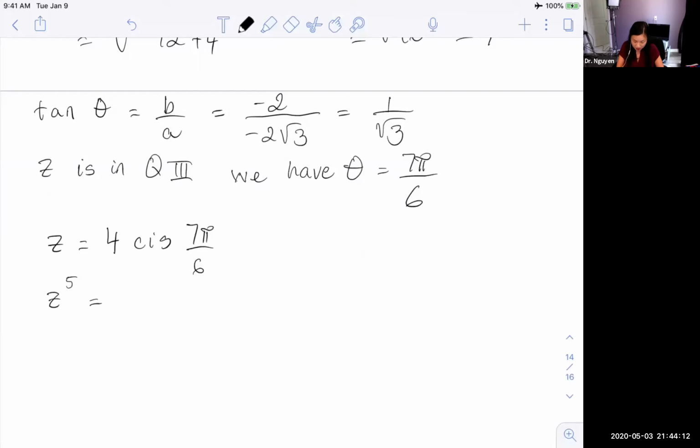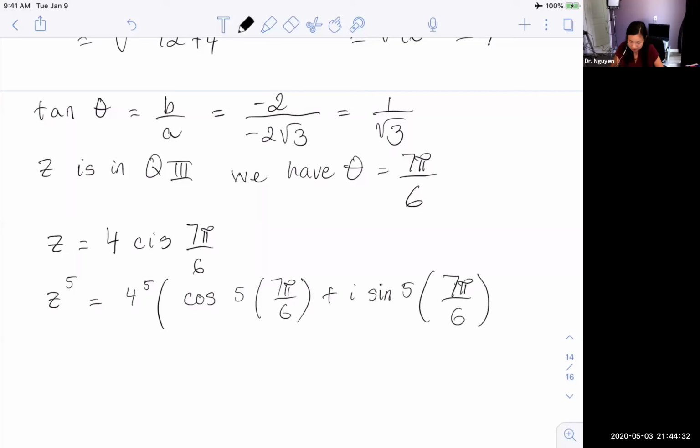It's going to be 4 to the fifth power, and then you multiply cosine 5 times 7 pi over 6 plus i sine 5 times 7 pi over 6. All right, so I have to use a calculator for this.